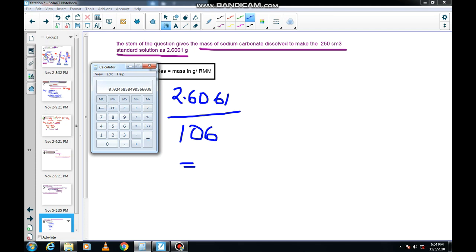I will round off to 3 significant figures and my answer will be 0.0246.